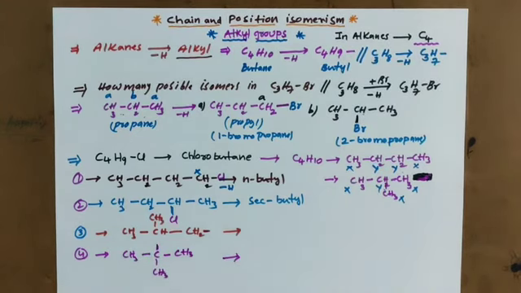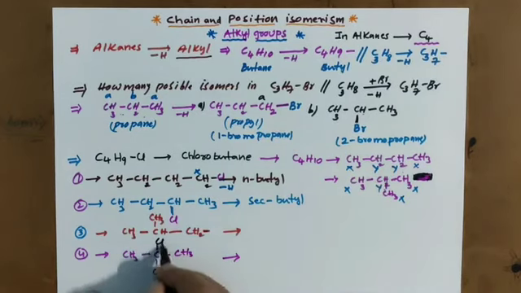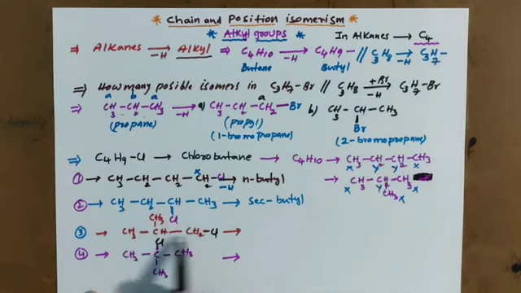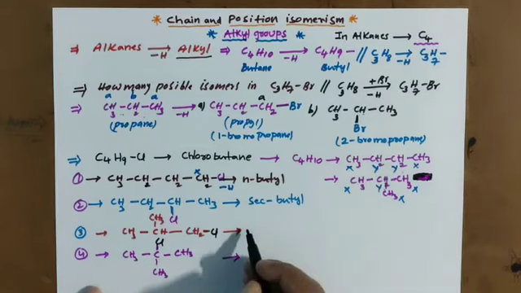So two types of carbons are there, two isomers you are getting. Now you add halogen atom here. Here chlorine and here chlorine. Now you are getting 1 chloro 2 methyl propane. This is 2 chloro 2 methyl propane.